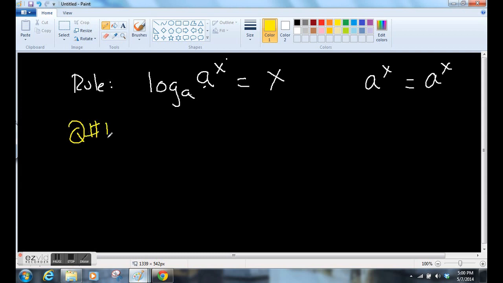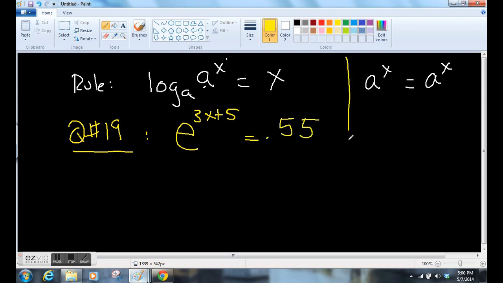Question number 19. We have e to the 3x plus 5 is equal to 0.55. Okay, a little sidebar. I meant to tell you this earlier. Plain old log: if you just see log, this means log base 10.